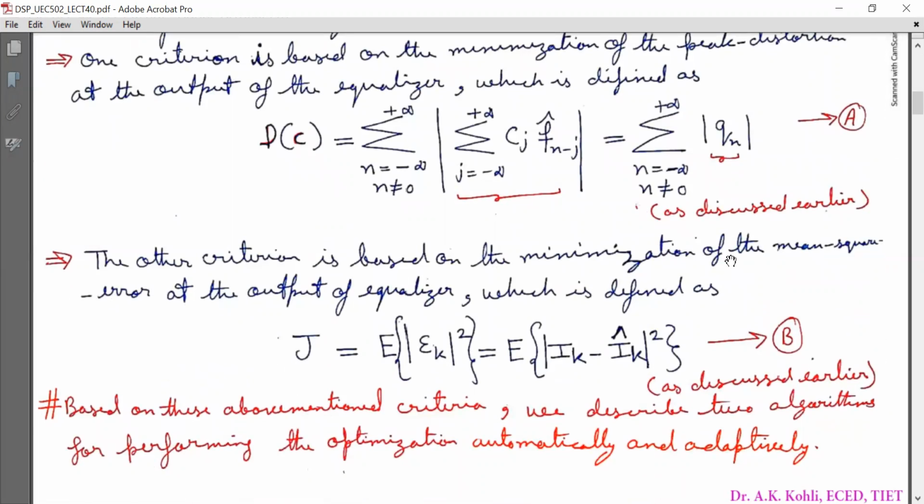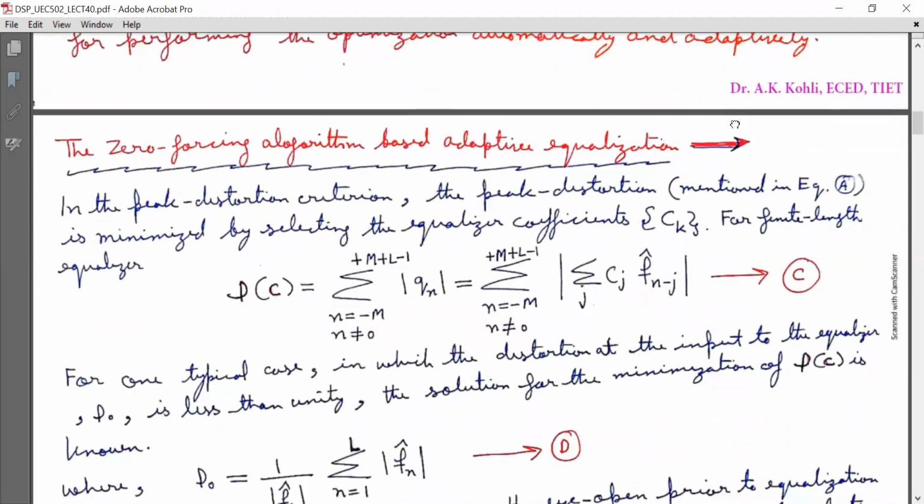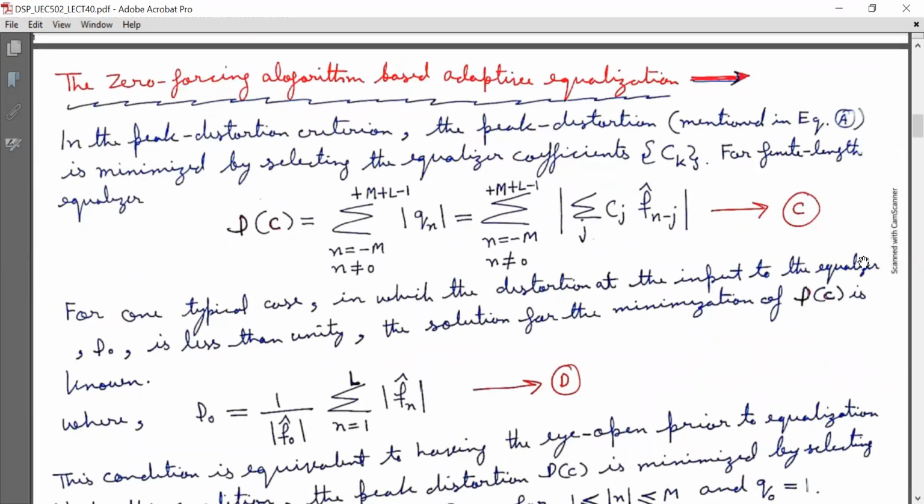Mark it as equation B, which has been discussed earlier. Based on these criteria, we describe two algorithms for performing the optimization automatically and adaptively. So first we will discuss the zero forcing algorithm based adaptive equalization.